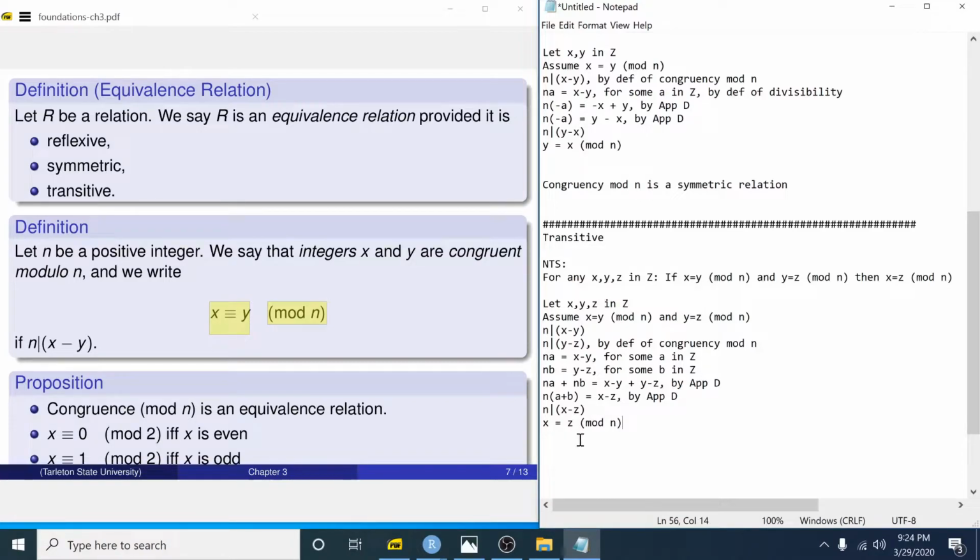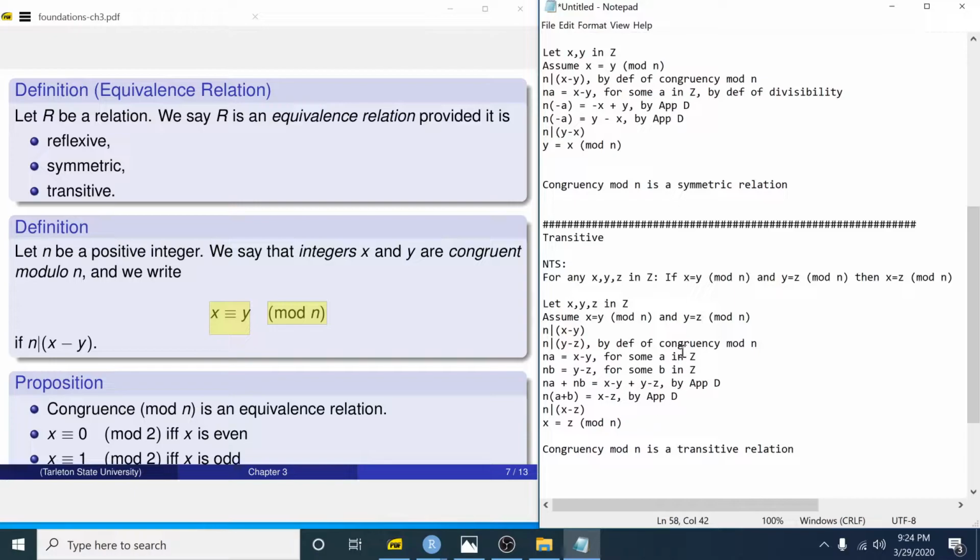So again, as a quick recap, we started off by assuming that x was congruent to y mod n and y is congruent to z mod n, and we deduced that x is congruent to z mod n. And that establishes that congruency mod n is a transitive relation.